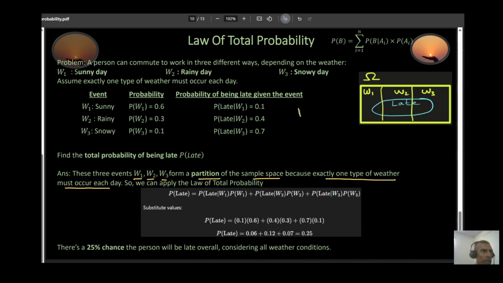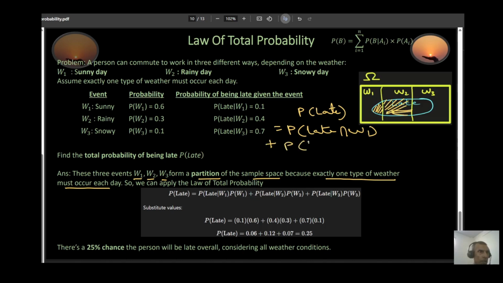So probability of being late is going to be equal to probability of late and it was weather 1. That would be this region. So probability of late and it was weather 1, plus probability of being late and it was weather 2. That would be this region.